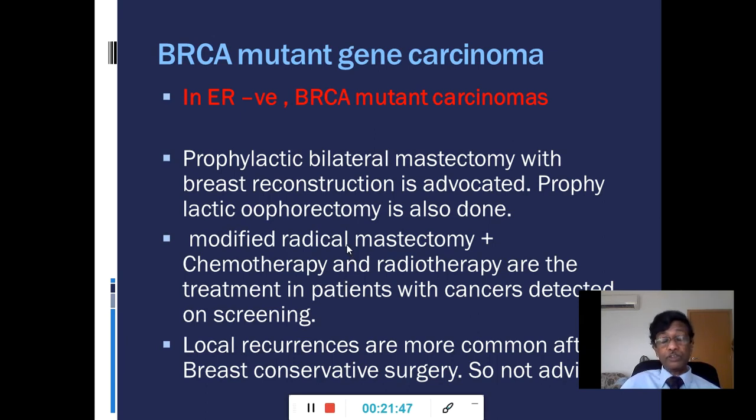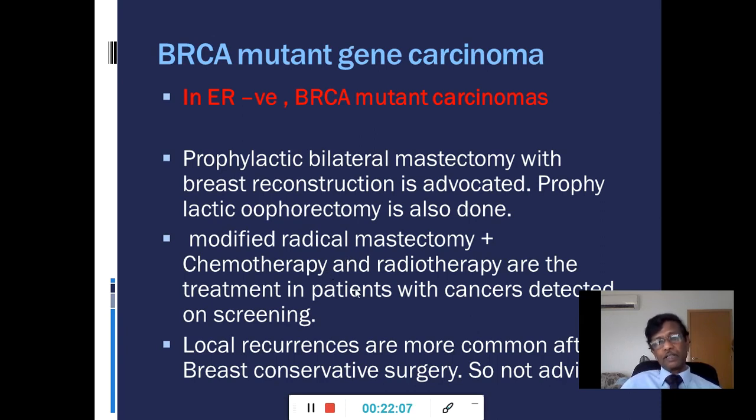But in those patients where a malignancy has been detected on screening, they have to undergo modified radical mastectomy, because the whole of the breast tissue and axillary tissue has to be removed. And chemotherapy and radiotherapy are the treatment.